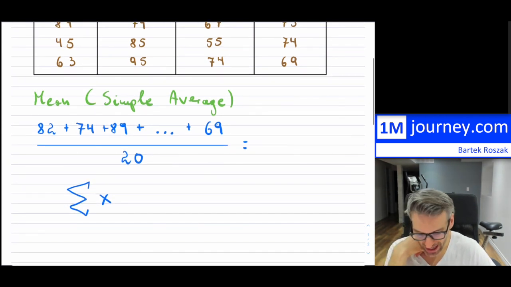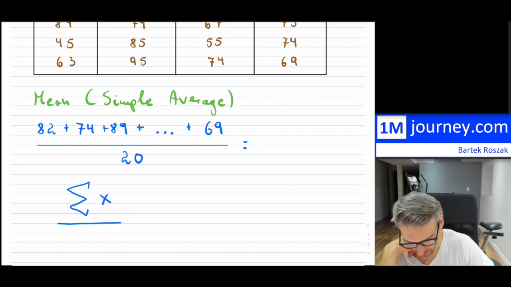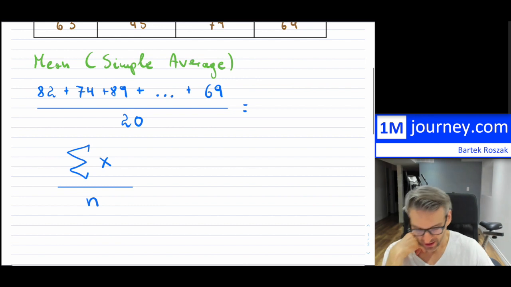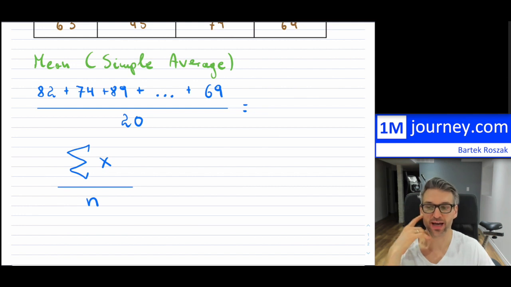You're going to add all of them up, and then divide by the number of data points that you have, which we call n. In this case, it would have been 20. This is not always fully common because it will depend on the teacher, professor, or instructor that you may have.